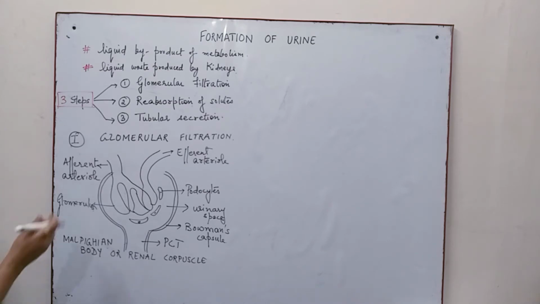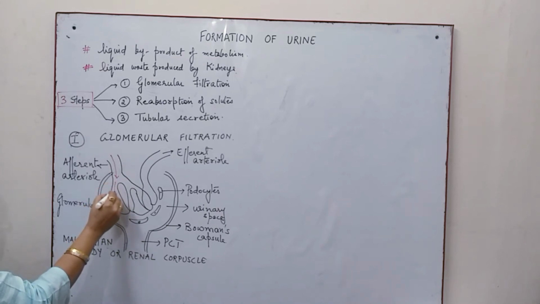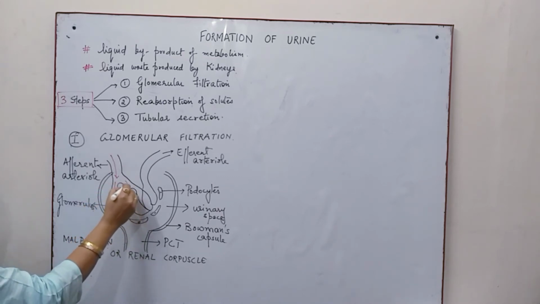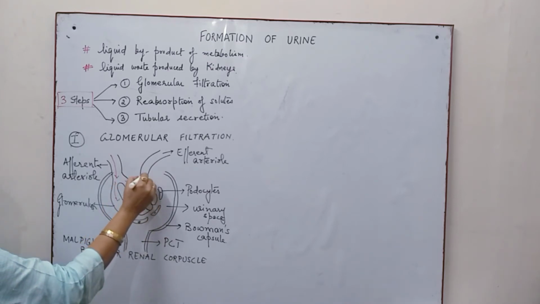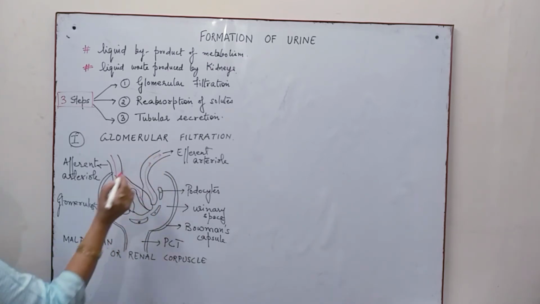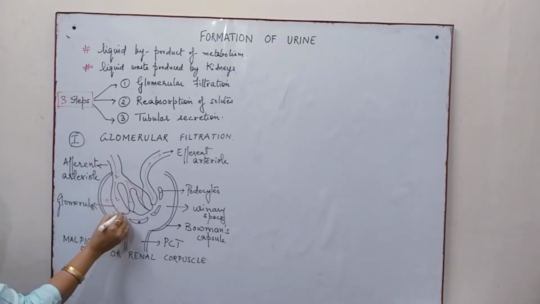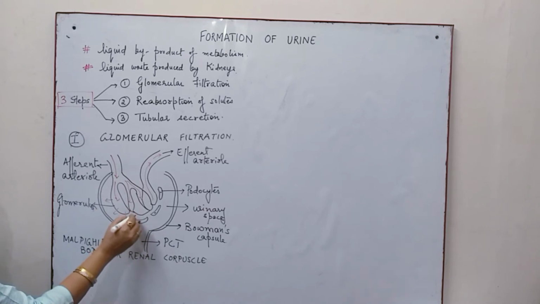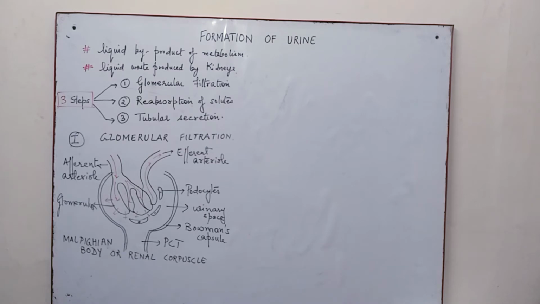Now, what happens over here when we are studying? Let me first draw the diagram to explain it to you properly. Now, this is the structure of the renal corpuscle.